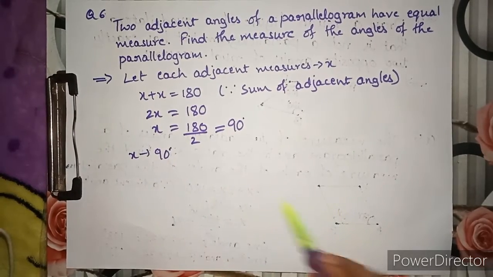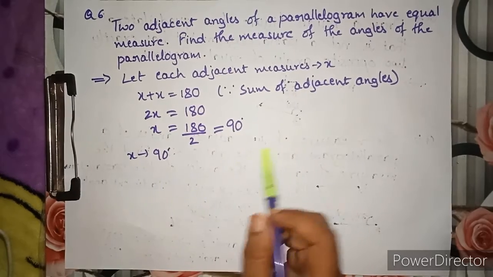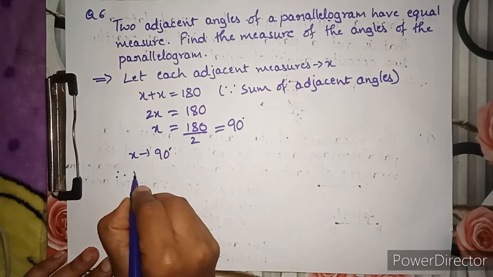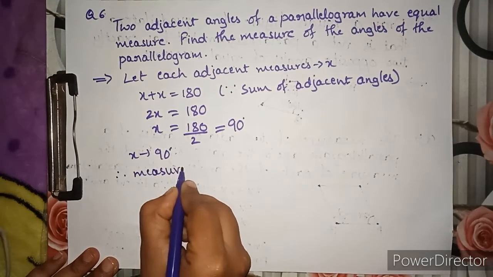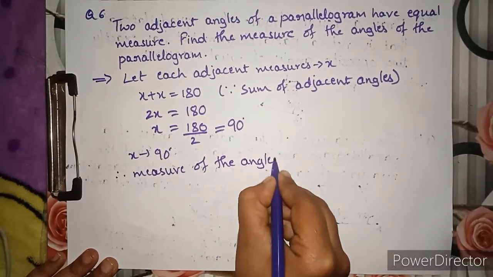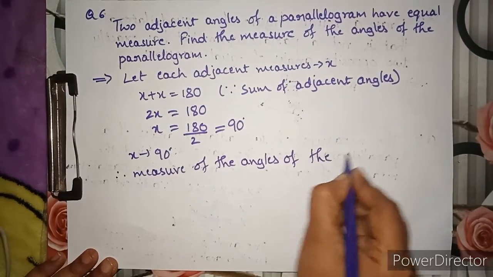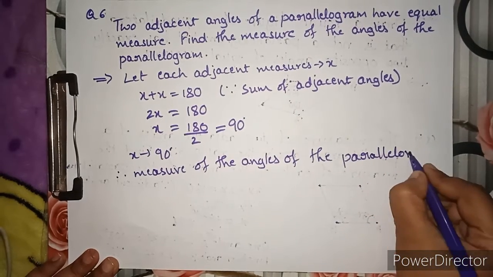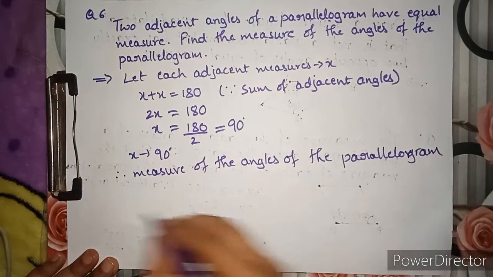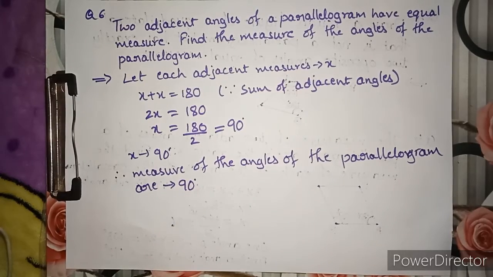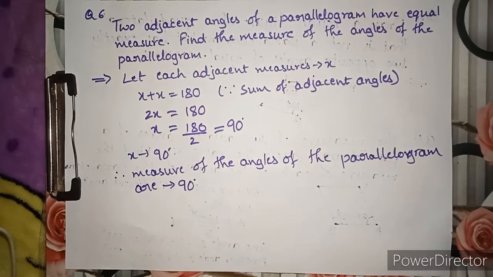So when adjacent angles are 90 degrees, their opposite angles are also 90 degrees. Therefore, the measure of the angles of the parallelogram are 90 degrees. Okay. Each angle measures 90 degrees. And this is the solution.